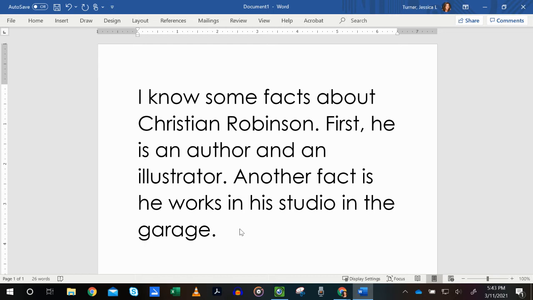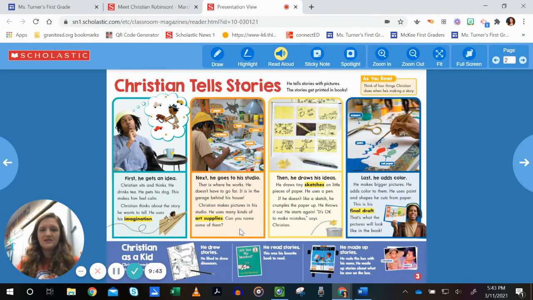How will we start our final fact? Also is our helping word here, and then we put a comma. What is this other fact that we want to share? Let's read the yellow and blue section and see what stands out to us. Ready? Yellow.